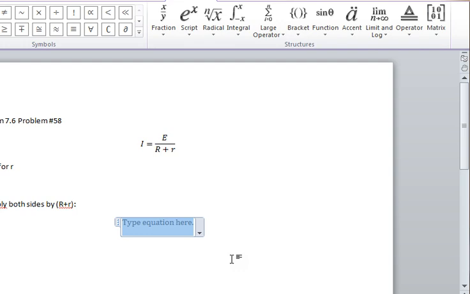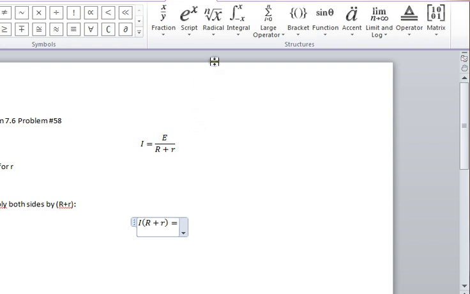And I'm going to put what I had before on the left-hand side, the I, and now we're going to multiply times the R plus r. So I'll put in that grouping symbol. And we'll put our big equal sign for our equation.